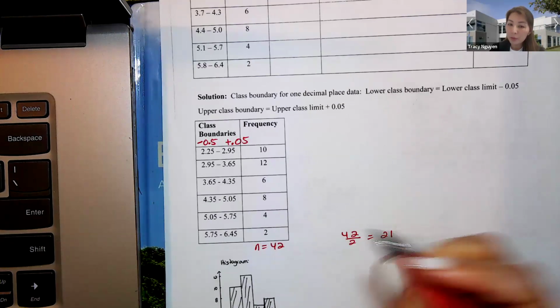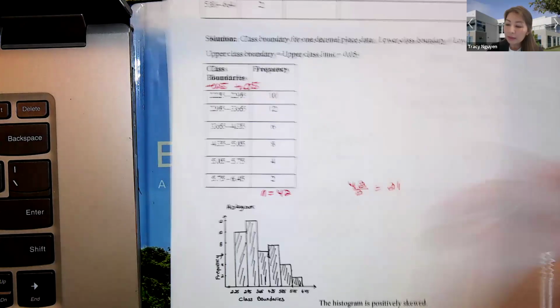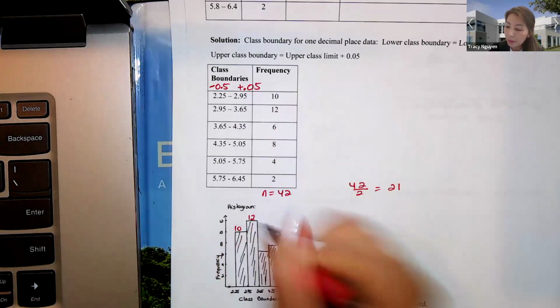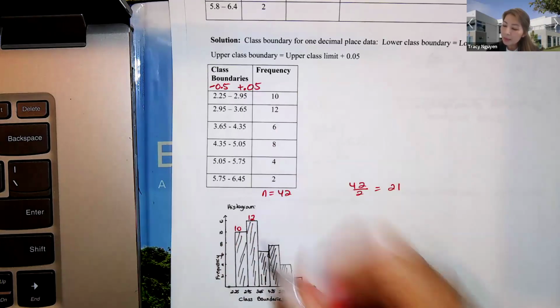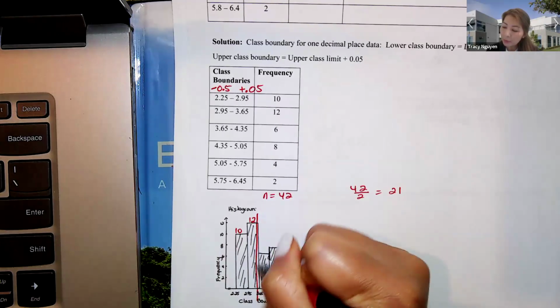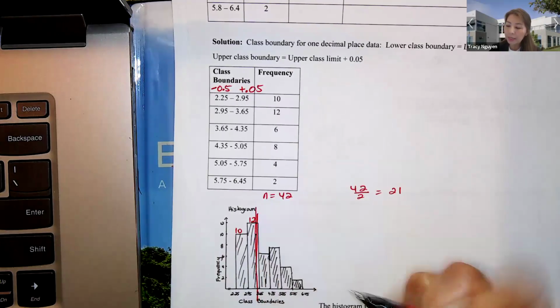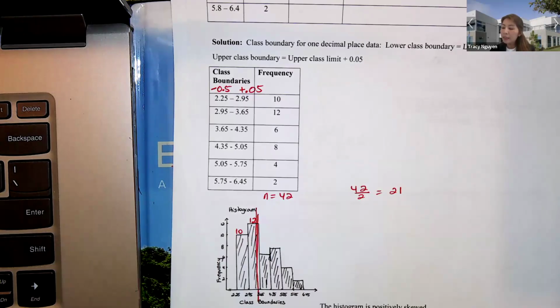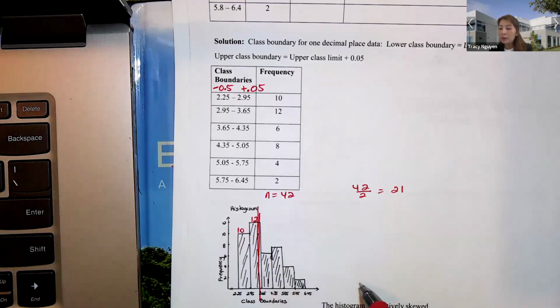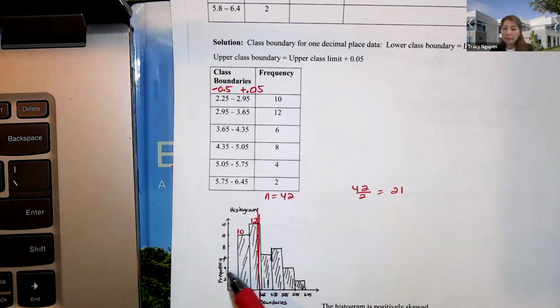So now, if you look at what we have here, the first bar we go up to 10, the second bar we go up to 12. So meaning that it is about right here, the 21st, 22nd value when you look at the arranged data, right? Now, I do see that we also have more bars on the right-hand side compared to the left-hand side.